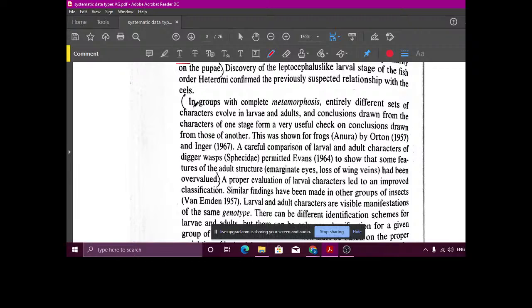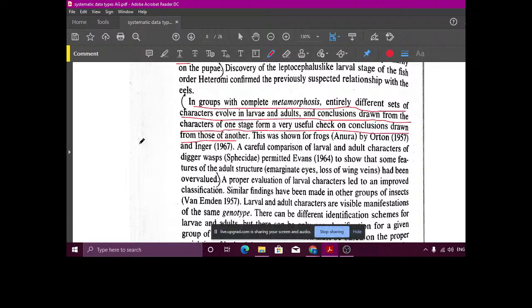In groups with complete metamorphosis, entirely different sets of characters evolve in adults and larvae, and conclusions drawn from the character of one stage form a very useful check on conclusions drawn from another. So you look at the development of two groups.